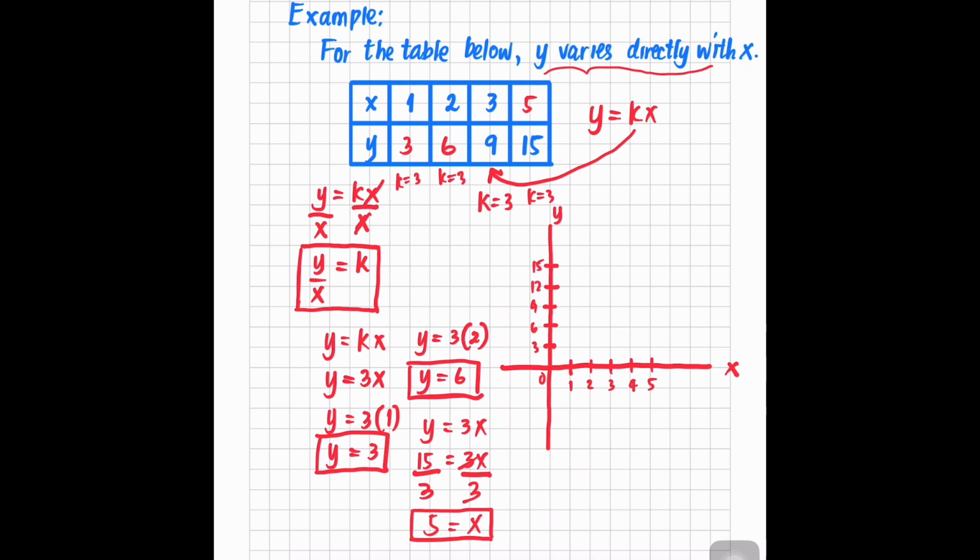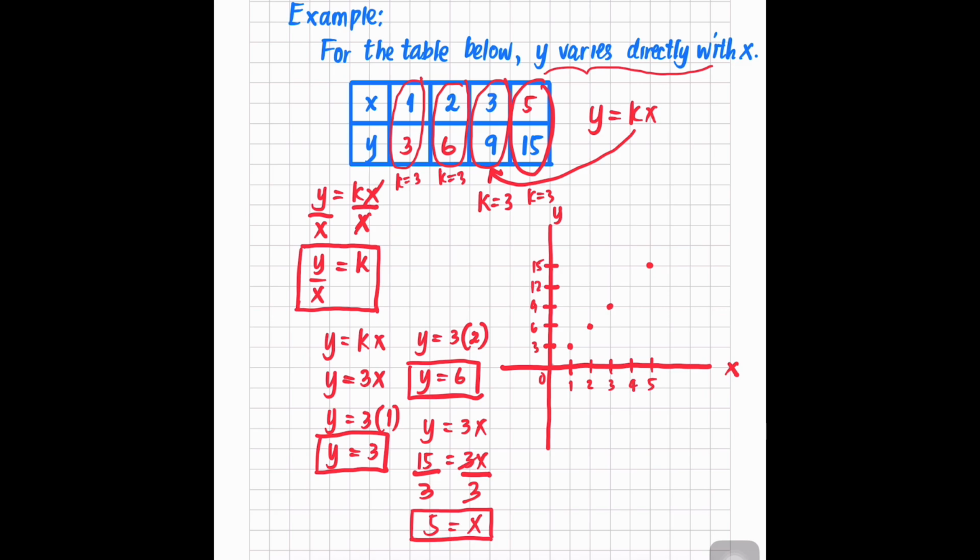And then we can start plotting the points. The first pair of points we have is 1, 3. So if x is 1, y will be 3. So that's the first point. Second pair, 2, 6. So when x is 2, y will be 6. So that's that point. Third, 3, comma 9. So when x is 3, y is 9. That's the point. And for the last one, if x is 5, then y will be 15.